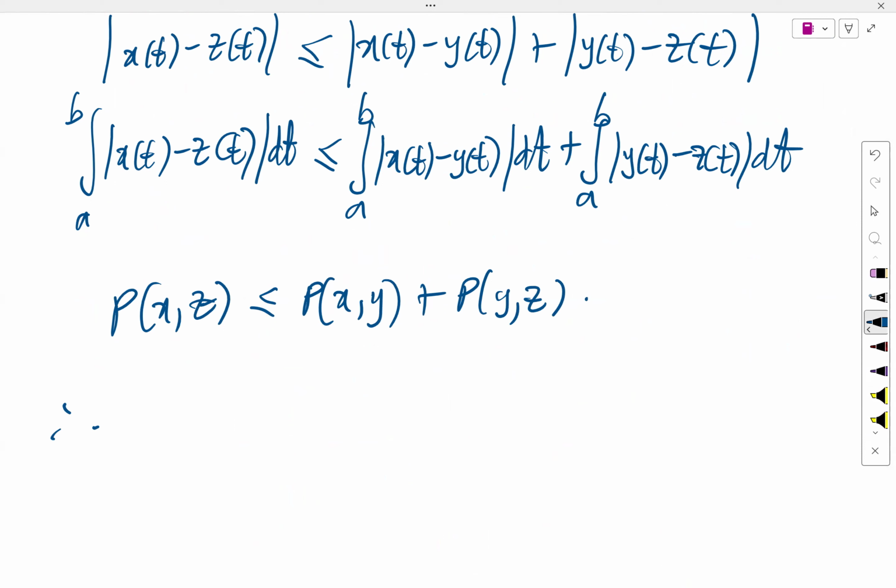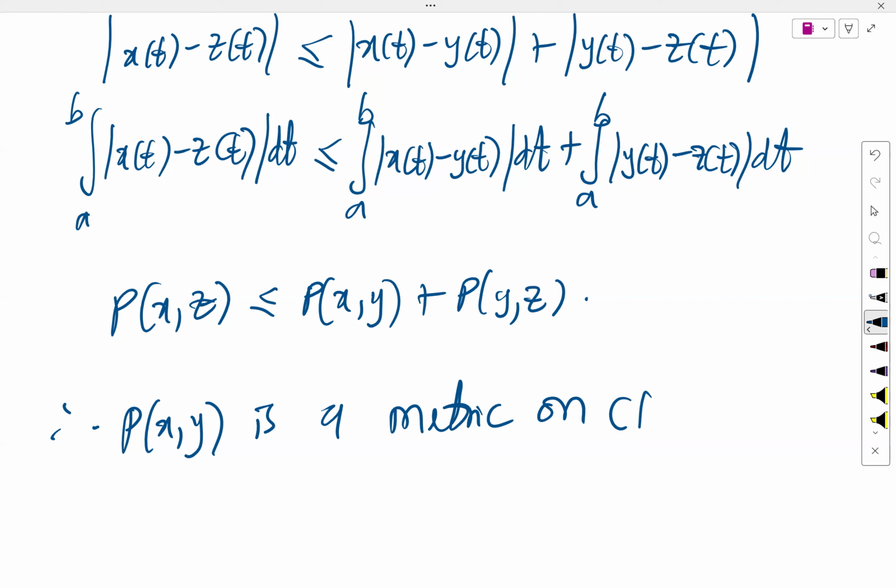On this note, you can say therefore p of xy is a metric on this given space, on C of a comma b. So we've come to the end of this whole thing that looks a bit boring, but that's how to go about it.